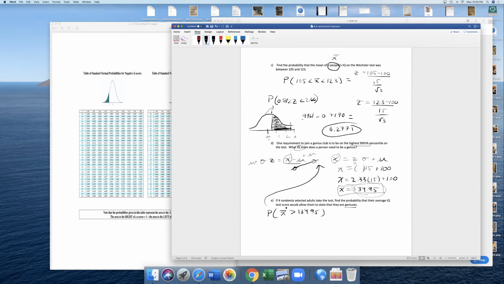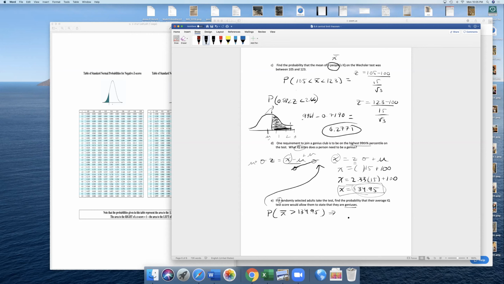And again, we're dealing with the sample mean because we have 4 people here. We want to find the probability that 4 randomly selected adults have an average IQ that tells them they're a genius, which means their IQ has to be 134.95 or bigger.